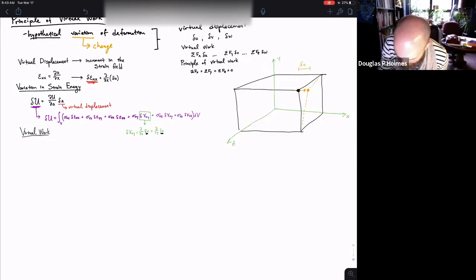delta U. The delta is to represent the fact that we didn't really displace it. There's nothing actually moving that point. What we want to do is imagine we have some small displacement in X or Y or Z, calculate the strain energy, and then find the one that's smallest.